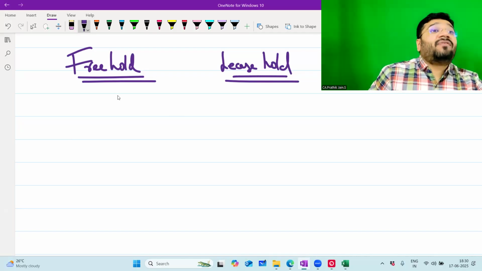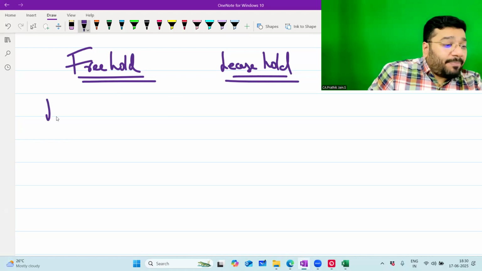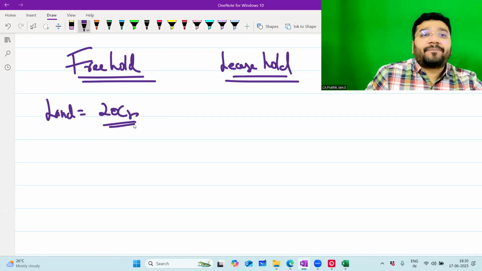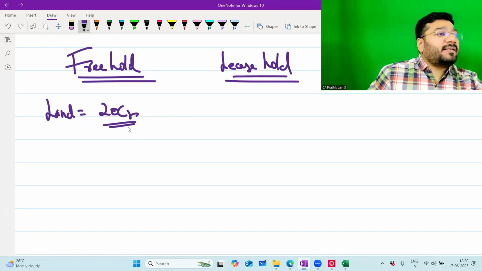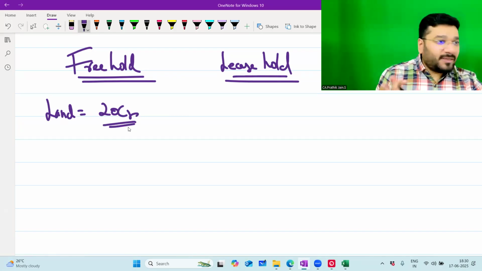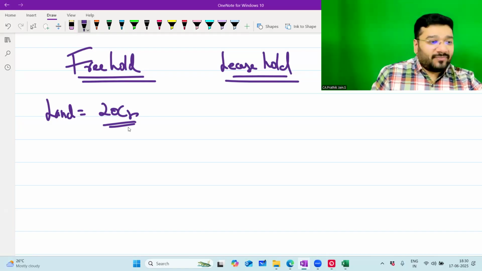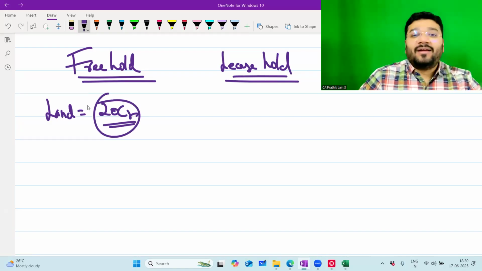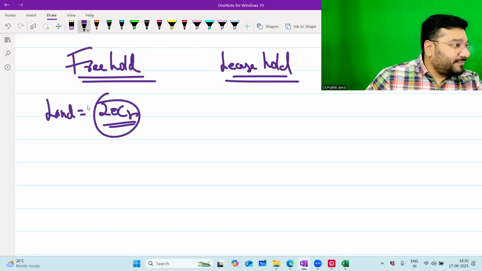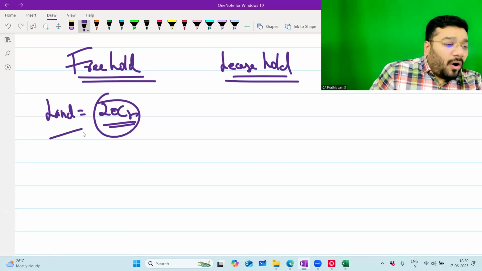Now, freehold property means what? Let's suppose I purchased one piece of land for 20 crore rupees. Now, the owner of this land is me. Imagine I have 20 crore worth of land, I'm just assuming. On paper, who's the owner?